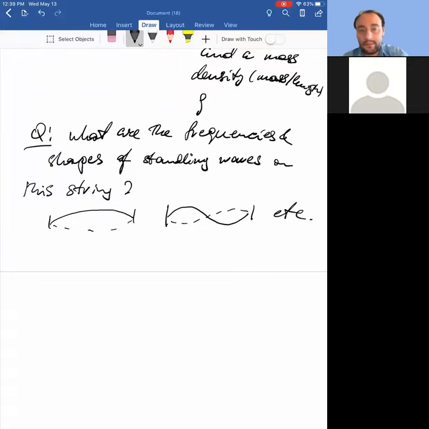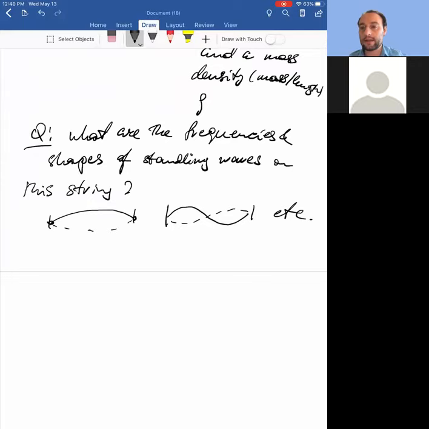First of all, how did we conclude that these are the possible standing waves? If you think about standing waves, you probably remember that a standing wave happens when you have two traveling waves moving in opposite directions.